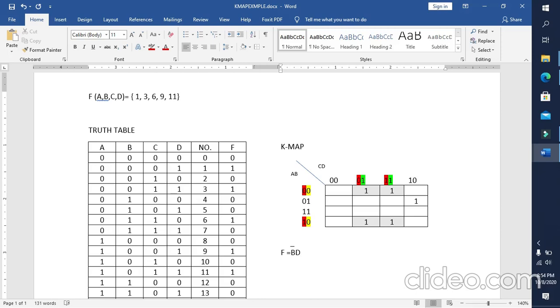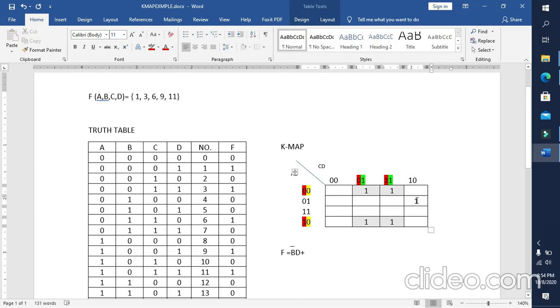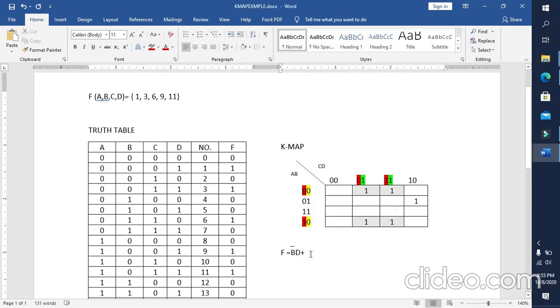Okay. Now, the last term. Okay, so this is 1. Pinili lang siya. And since wala siya group, you just copy here the values in the rows and the values in the column. So the values in the rows, I have here A bar or A prime. So how to write prime here? So I have here A prime. Then, next, how about the B?